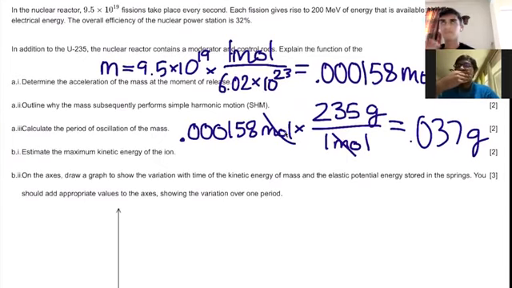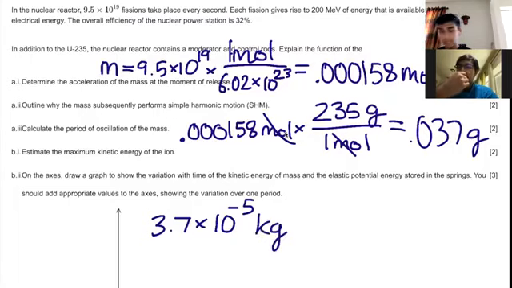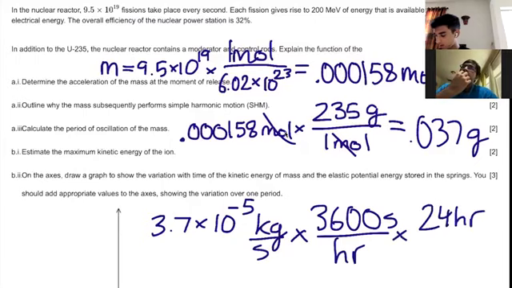So divided by 10 to the 3, which makes it 3.7 times 10 to the -5 kilograms per second. So times 3,600 seconds per hour times 24 hours per day.